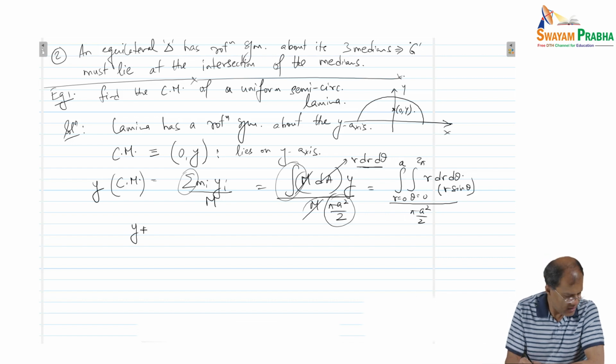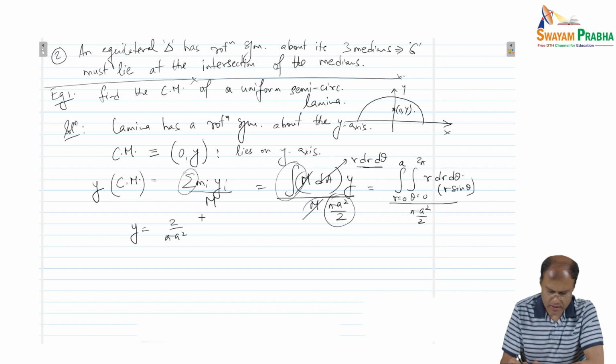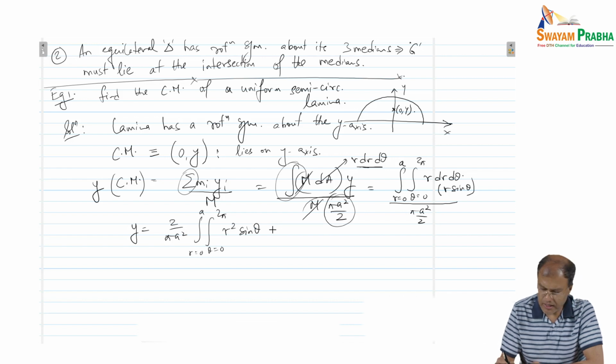And what have we got here? y is 2 by pi a square, double integral, r from 0 to a, theta from 0 to 2 pi, r square sine theta dr d theta, and we see that this is 4a by 3 pi, right?